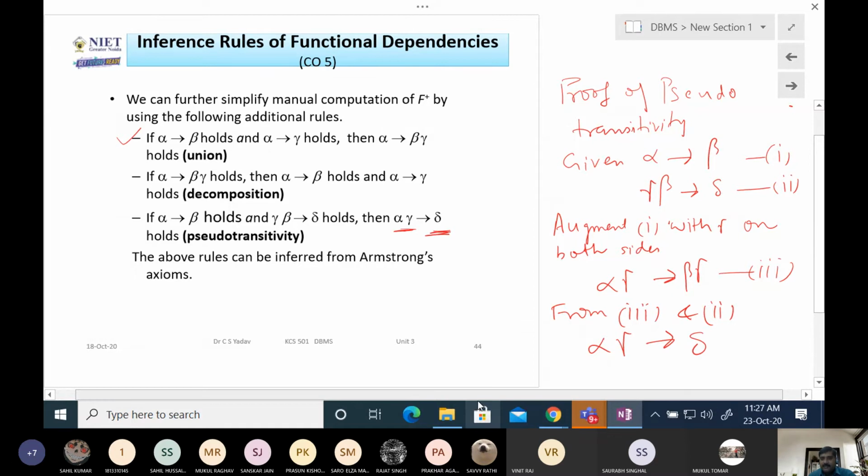This is the pseudo transitivity rule. Now I hope that you all understood why I am saying that the first three rules are sound, complete and sufficient, because if you know the primary rules of Armstrong's axioms, you can derive these secondary rules.